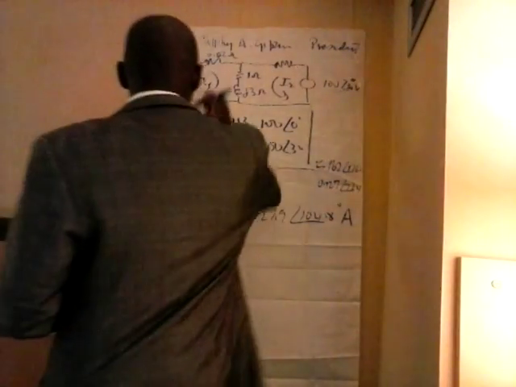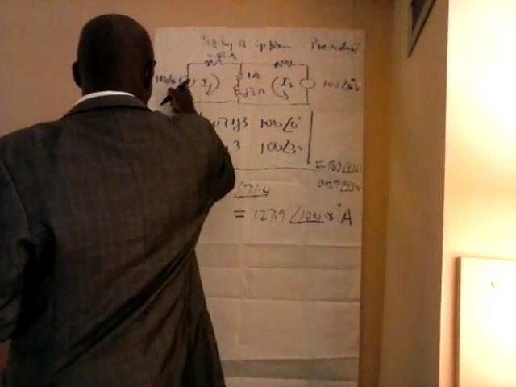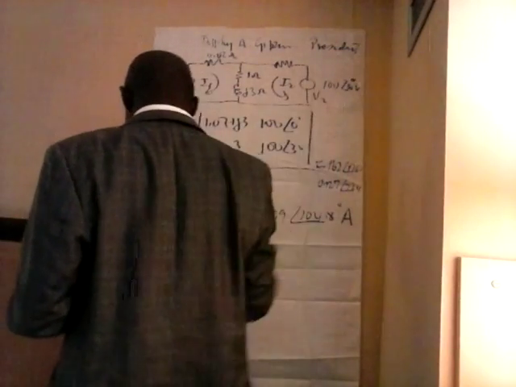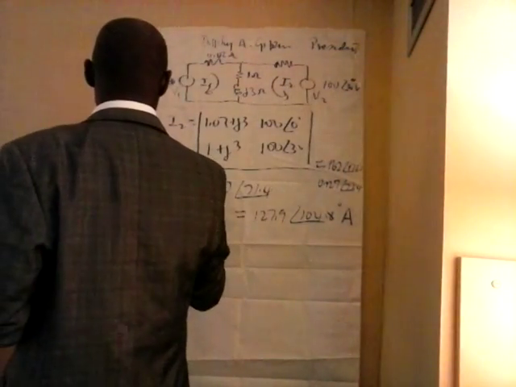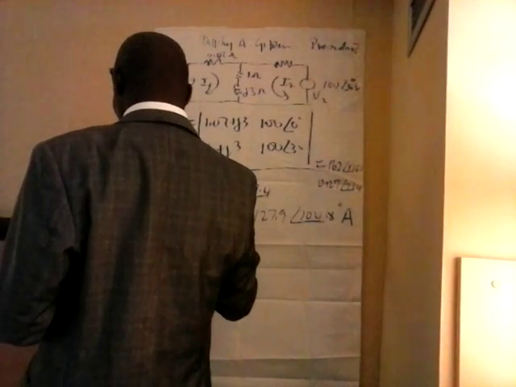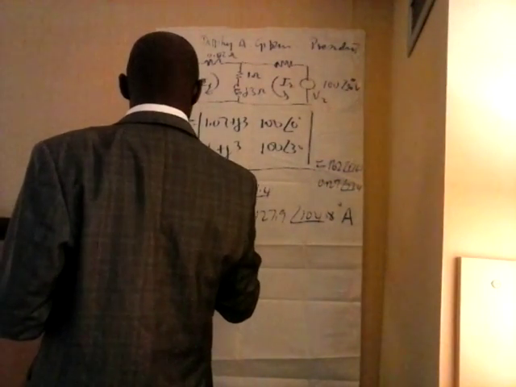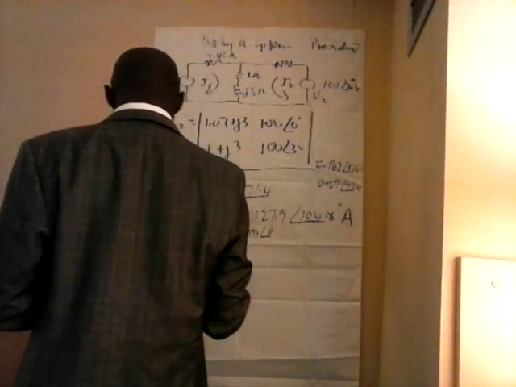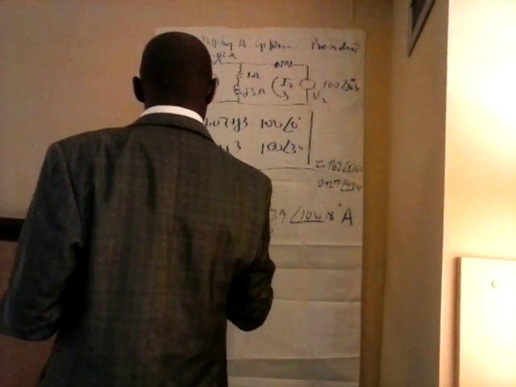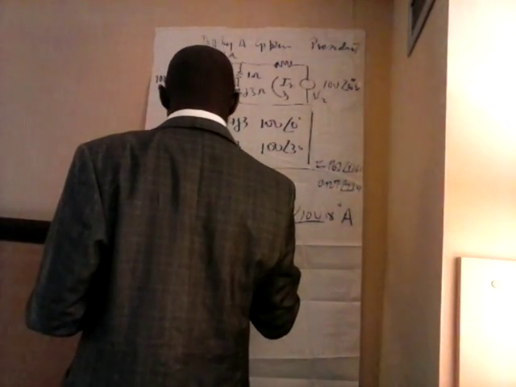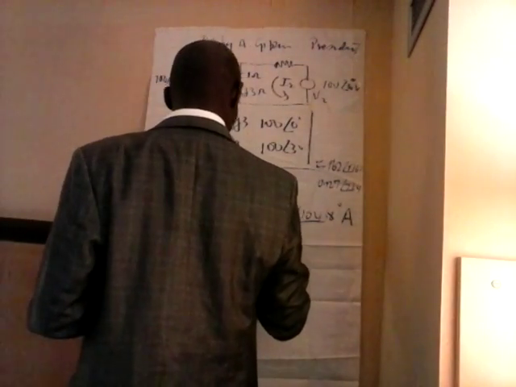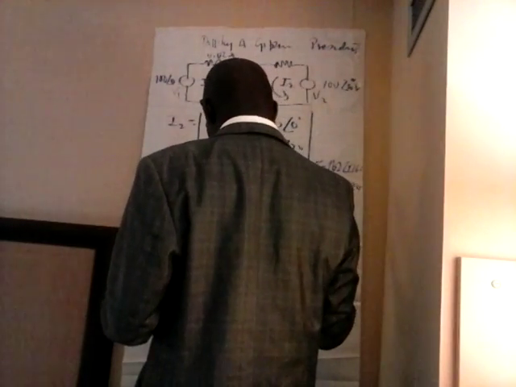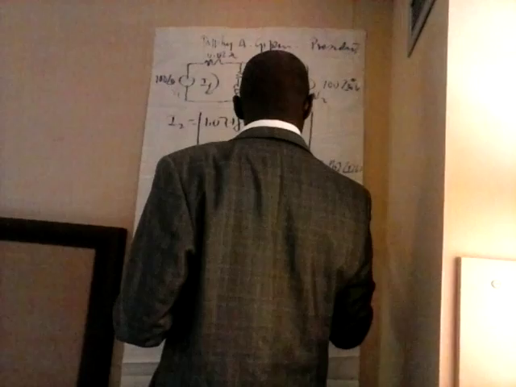Now the power supplied due to the voltage source V1, this is V1, this is V2. The power due to V1, 100 angle 0, will be equal now to power 1 equals 100 into 130.8 cosine 74.8.